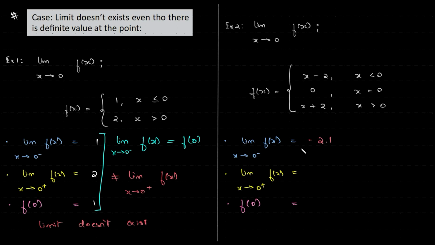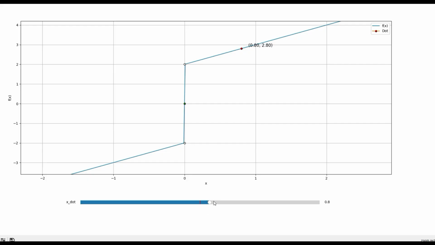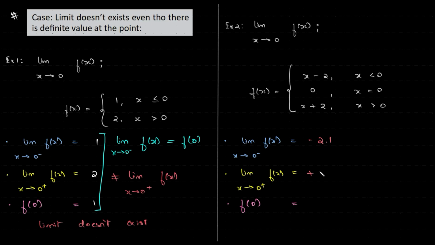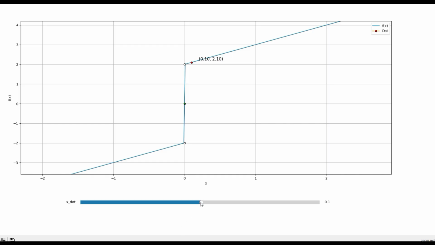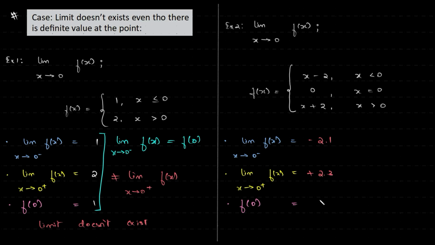If you approach it from the right hand side, we are approaching 0, remember. The closest as of now I can get is 2.3, plus 2.3. Clearly they are way off. Even if you approximate, nothing will happen. And at 0, we have it to be 0 itself, right?